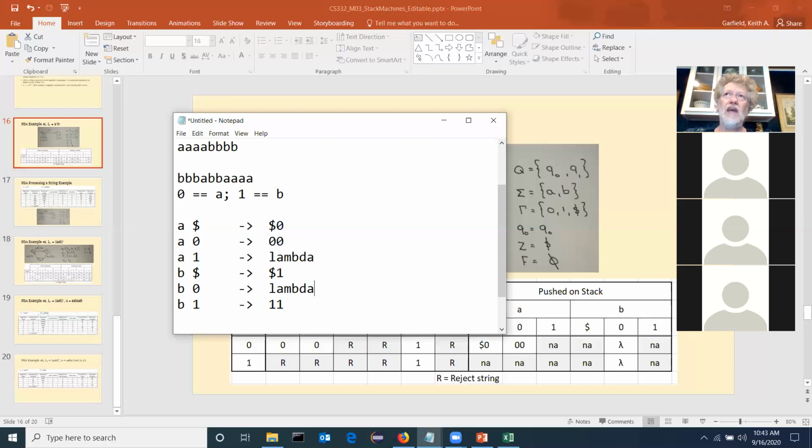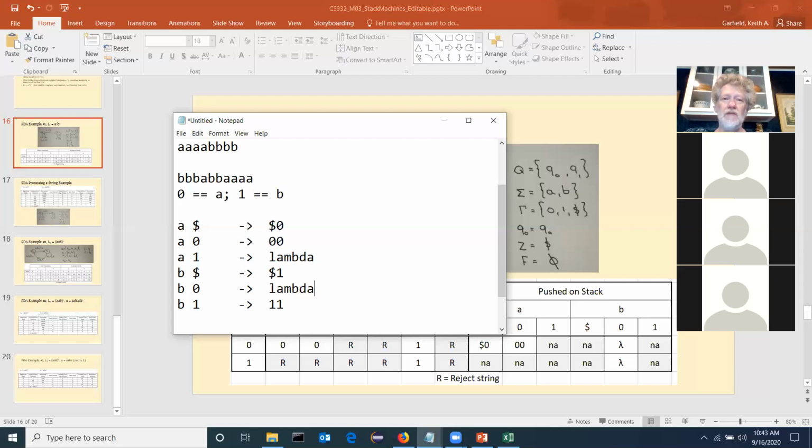Okay, every time I see an A, I'm going to use my 0s to track the A's and the 1s to track the B's. And so every time I see an A, I'm going to put a 0 on the stack or remove a 1. And every time I see a B, I'm going to put a 1 on the stack or remove a 0.